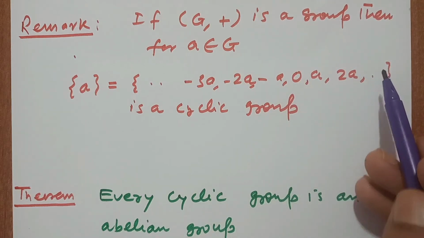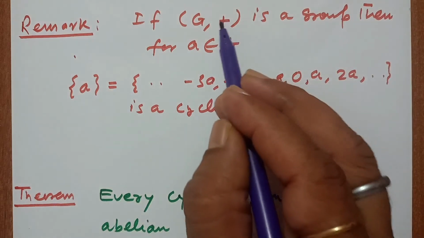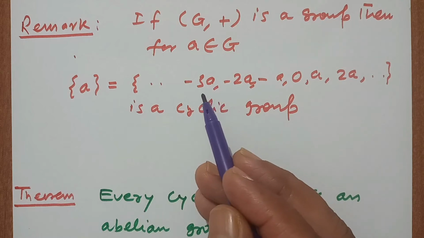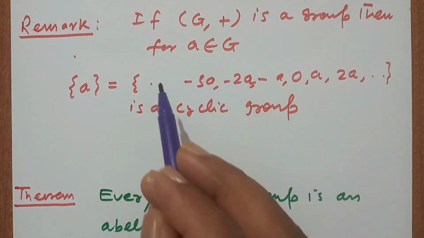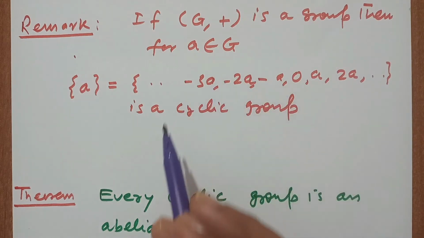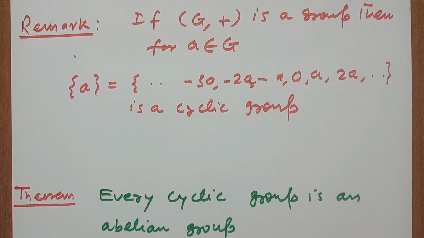It means in the operation of multiplication we will write a to the power n, but in the case of addition we will write na. Okay, so this is the cyclic group for addition.